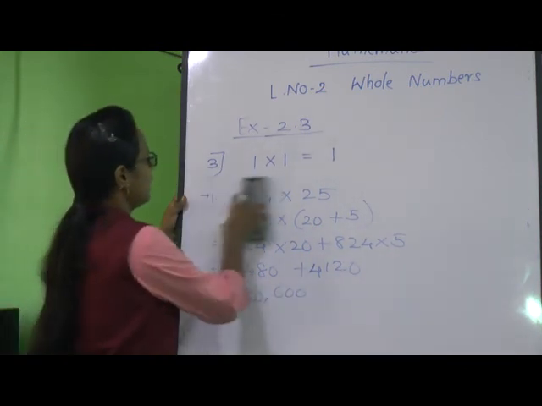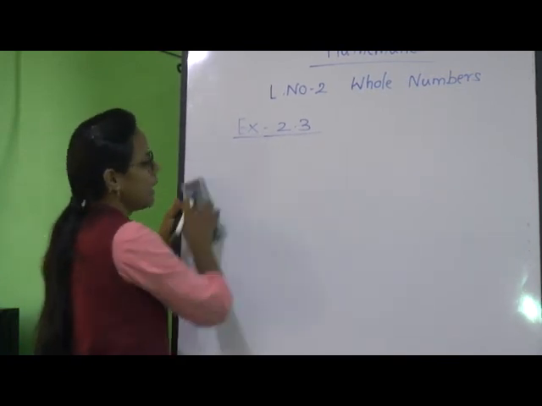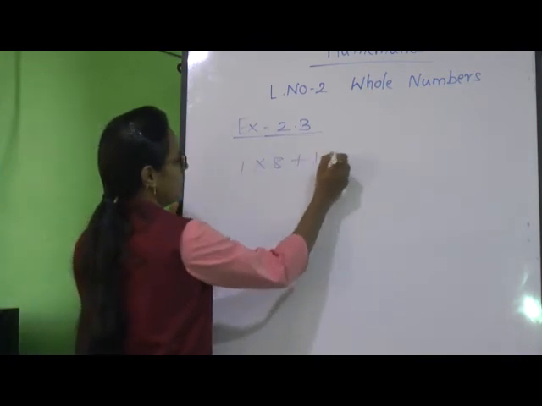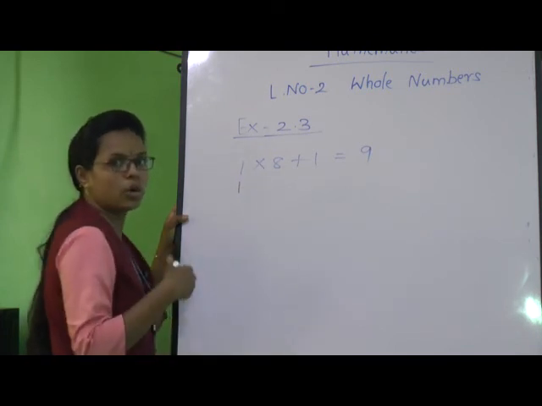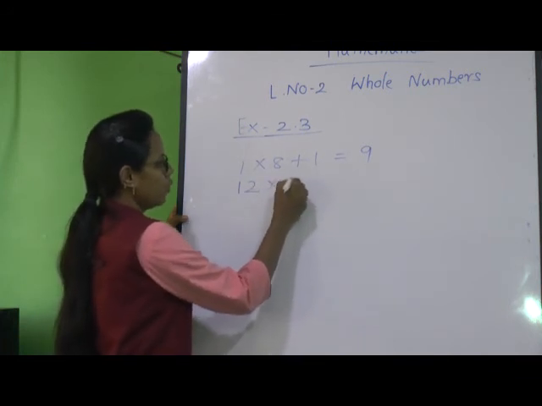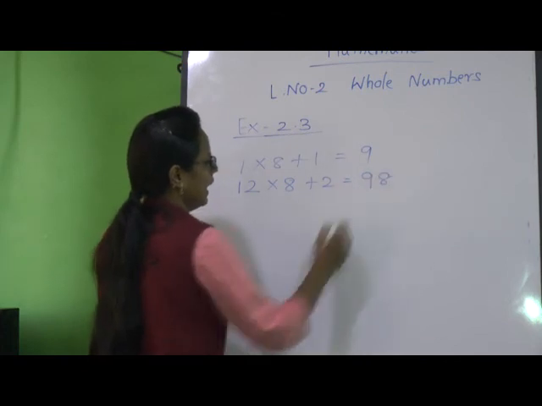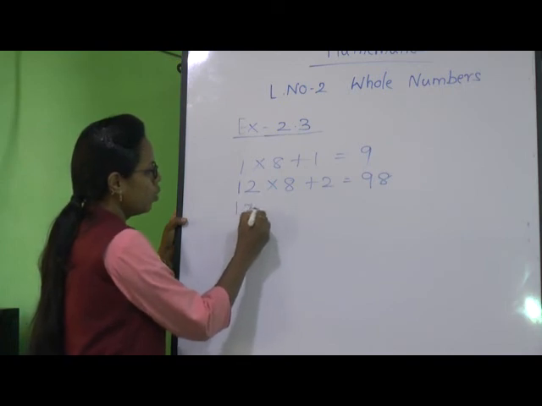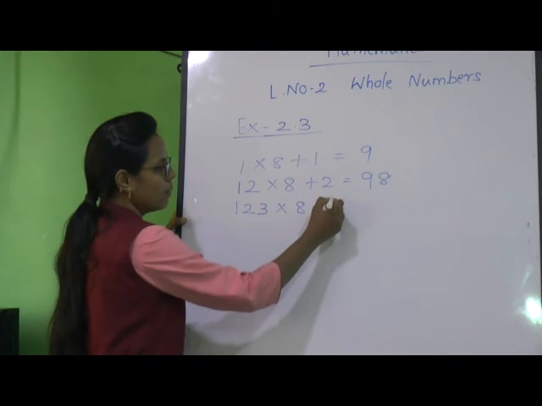See, the pattern is given in your textbook. We have to solve the next two steps for the following pattern. 1 into 8 plus 1 is equal to 9. Then to continue the pattern, 12 into 8 plus 2 is equal to 98. Now here we write 123 into 8 plus the next number 3.